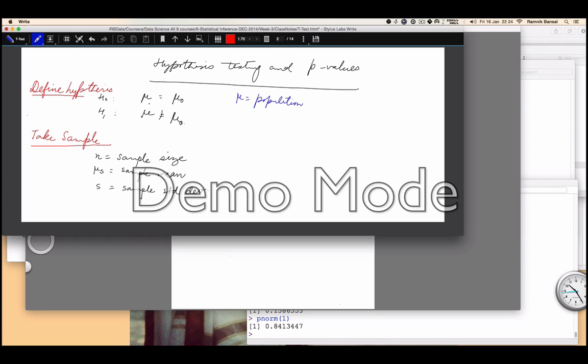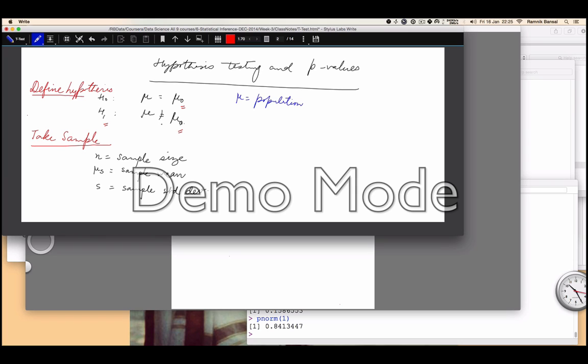I'm assuming that my mu is equal to some mu zero of the data, and my alternate hypothesis, called say H1, is that mu is not equal to mu zero. It could also have been mu is greater than mu zero, or mu is less than mu zero. So I have three choices here for the alternate hypothesis.